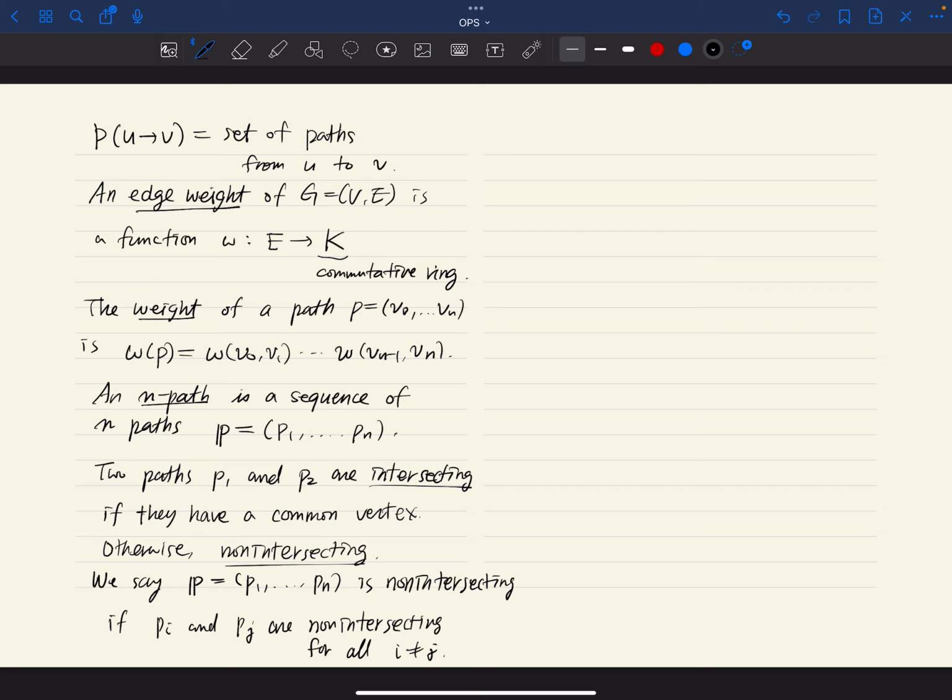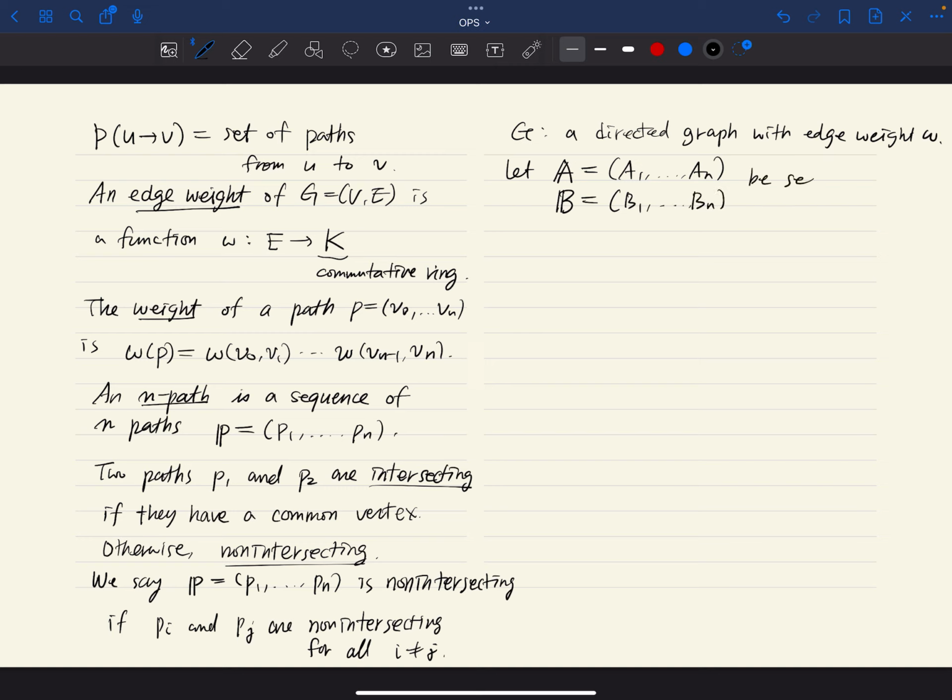Now let's say G is a directed graph with edge weight W, and let boldface A be a sequence of vertices, and boldface B just be a sequence of vertices.